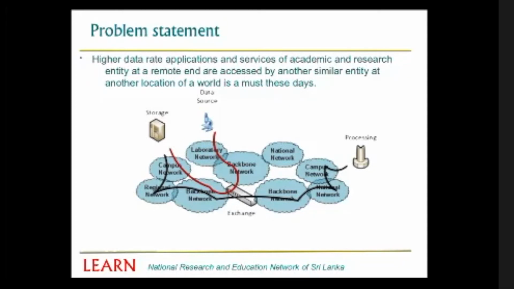All these things happen in different locations, but they all together should work as one. To do that, the interconnectivity among nodes or resources should be seamless and very reliable.